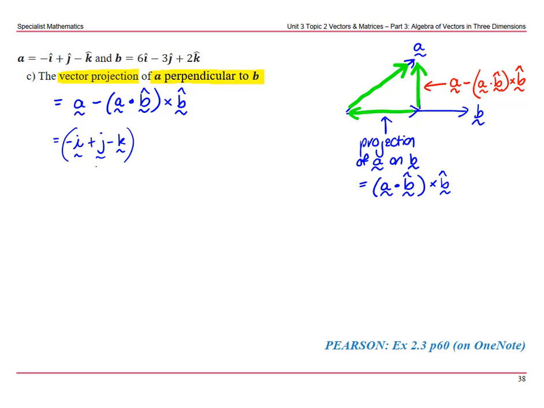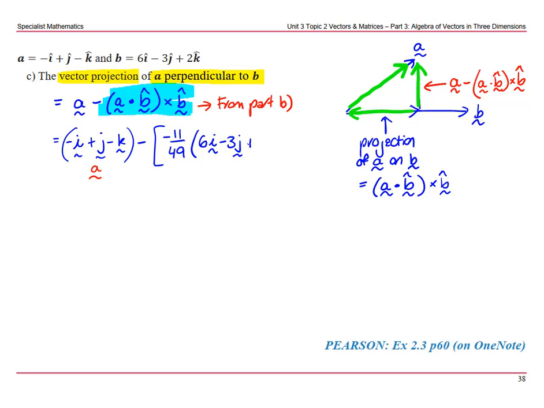So that's our A. And then this is from part B. So minus negative 11 over 49 times by 6i minus 3j plus 2k.